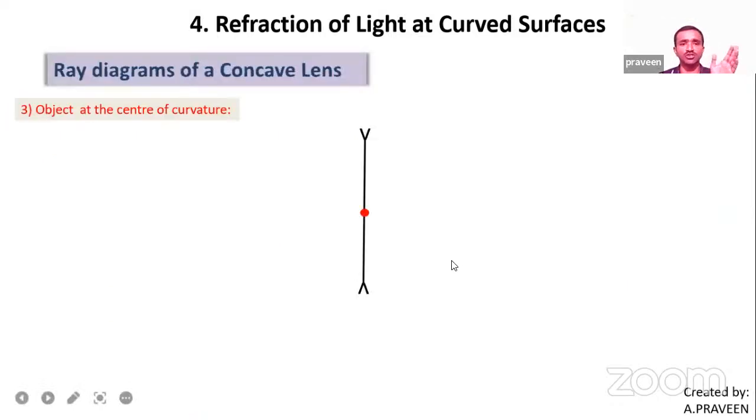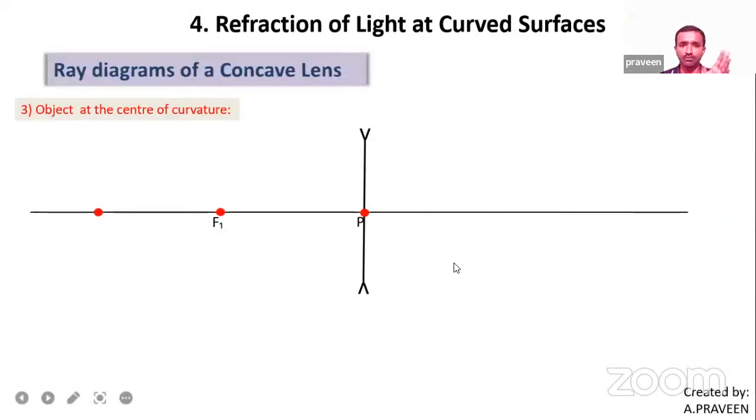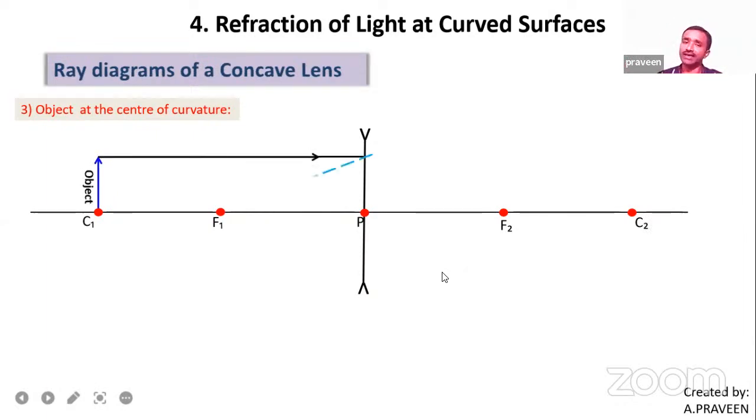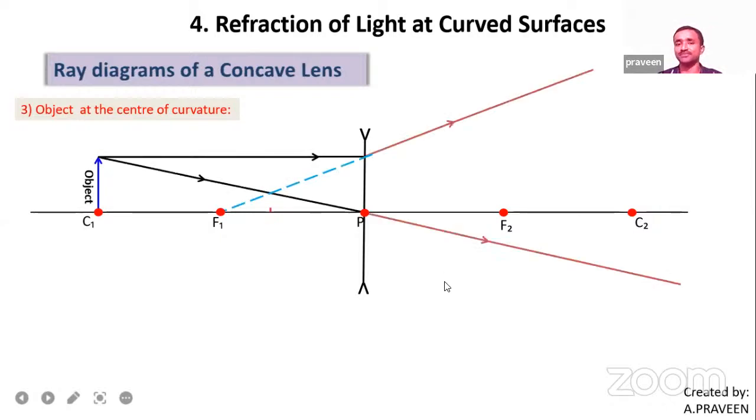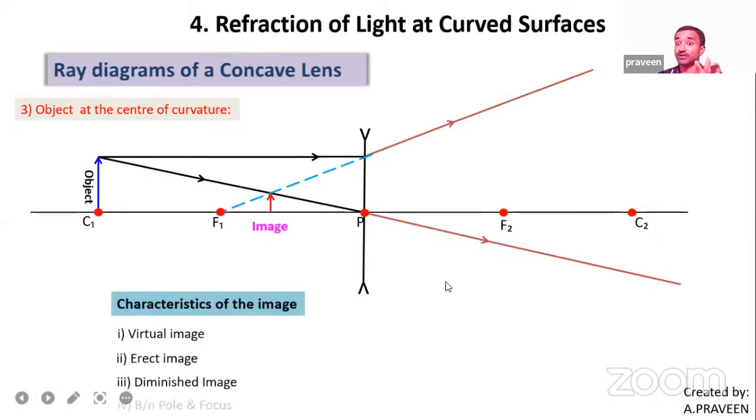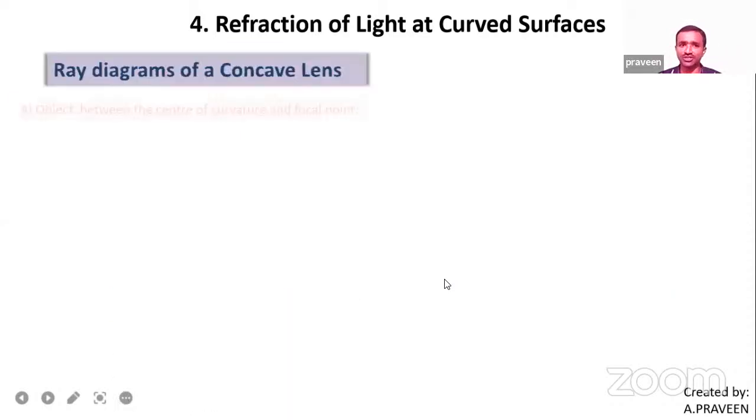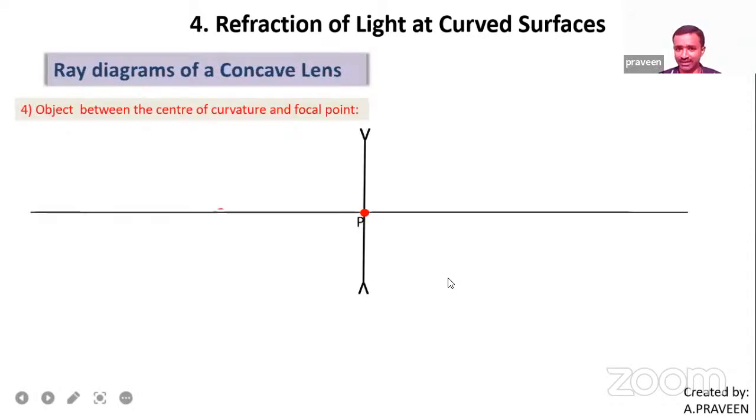Here the object is placed beyond the center of curvature, following the same logic. The object is represented using its width, then a ray parallel to the principal axis appears to diverge, so you can complete that. Then one more ray without any deviation, and you obtain the same characteristics again, no change. The object position changed, but the characteristics of the image formed by the concave lens did not change. In the next position you will observe the same thing.